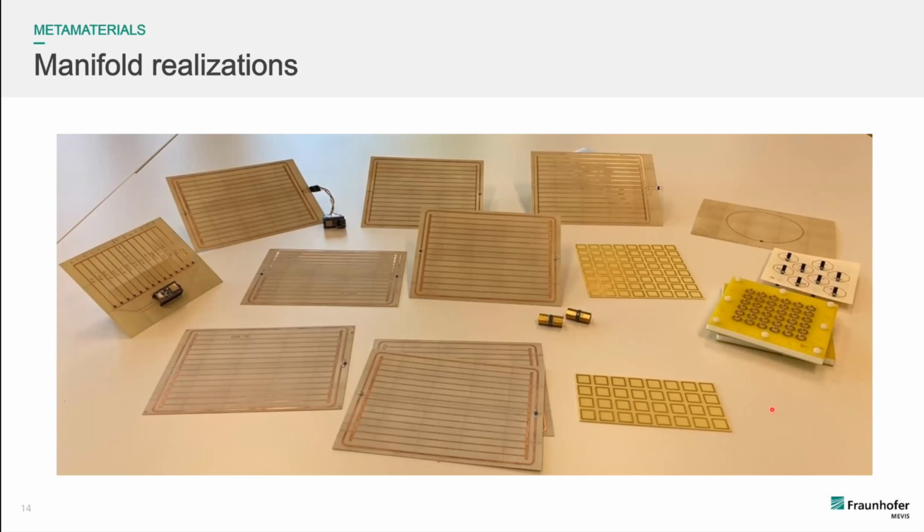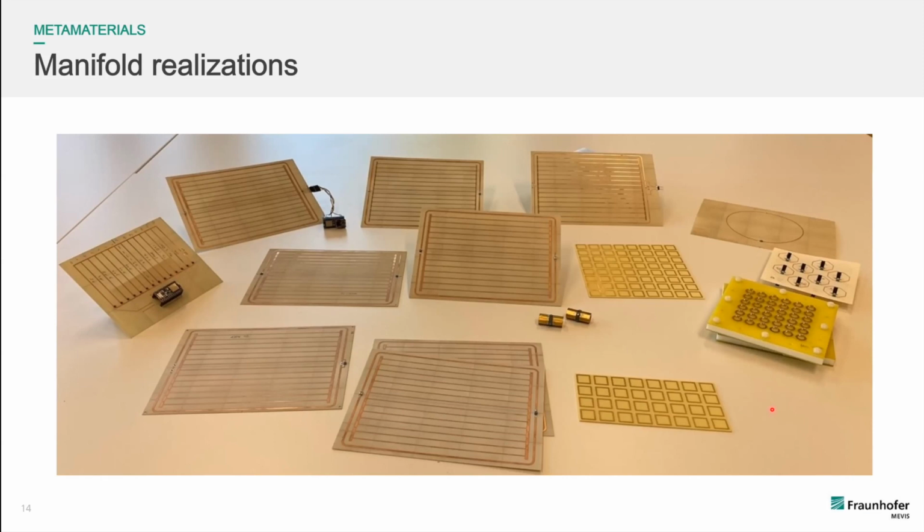There are a lot of other realizations, and we prefer those which we build because they are very easy to manufacture. You can see it's just a PCB board, and you can more or less print just the conducting structures on it. Or ink print it, so it's relatively easy to manufacture and to design them.